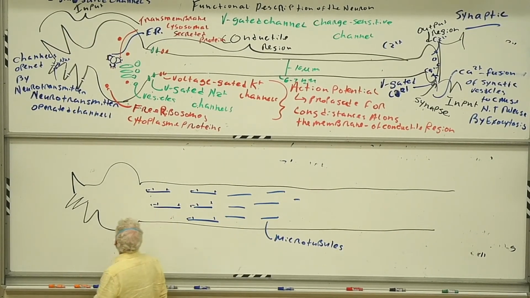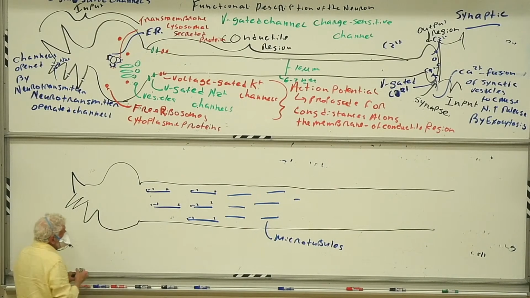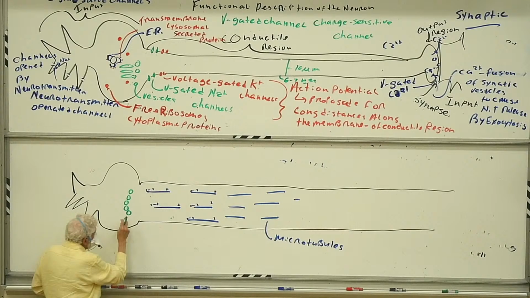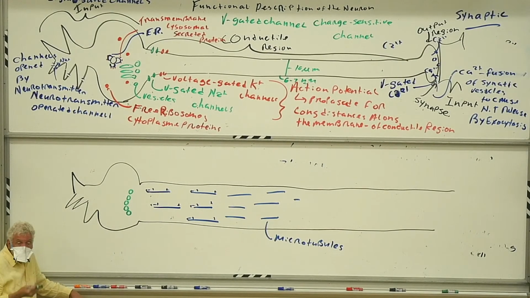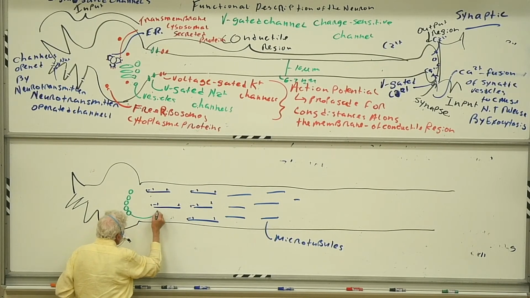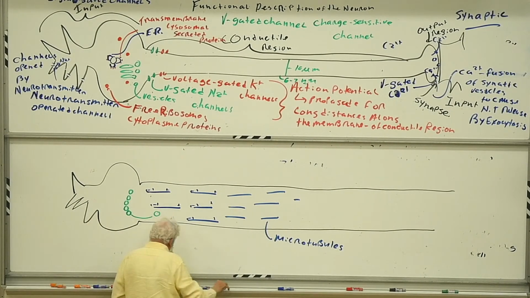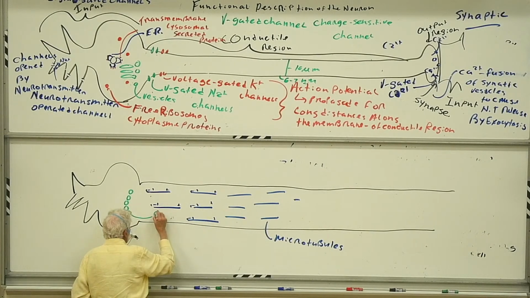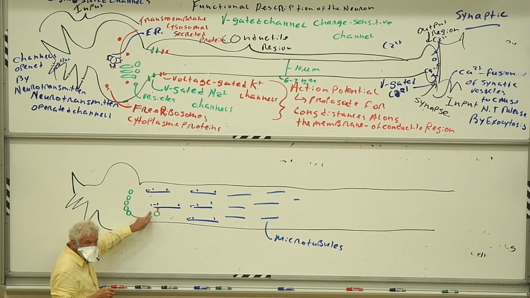But the rules from above still pertain. That is, we make vesicles. We fill those vesicles with molecules that will be secreted. We fill those vesicles with transmembrane proteins, and we put these vesicles now onto the microtubules. And our old friend, kinesin, can now grab one end to the vesicle and grab with its feet to the microtubule.